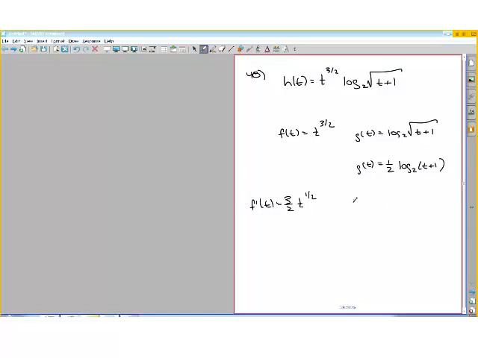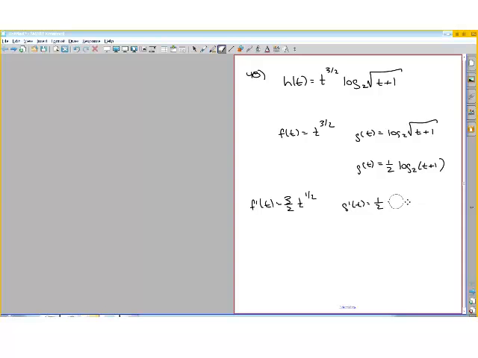The second term, g of t, when you take the derivative, you'll have the constant, 1/2, times the natural log of 2 times... actually it's divided by, isn't it? Yeah, it's divided by.